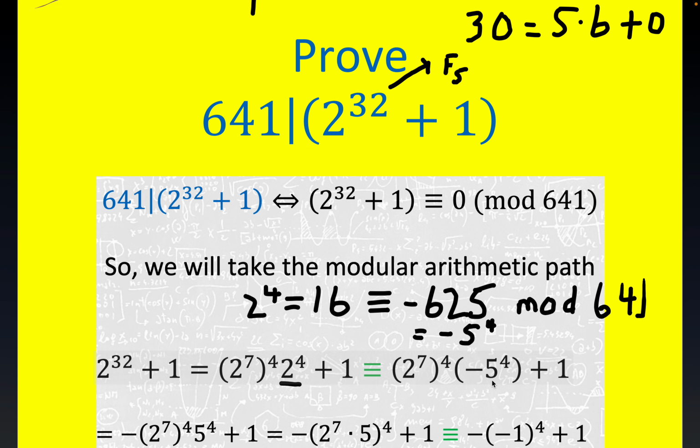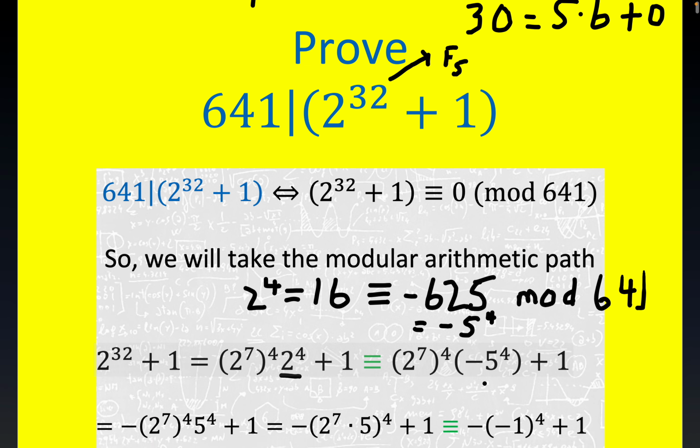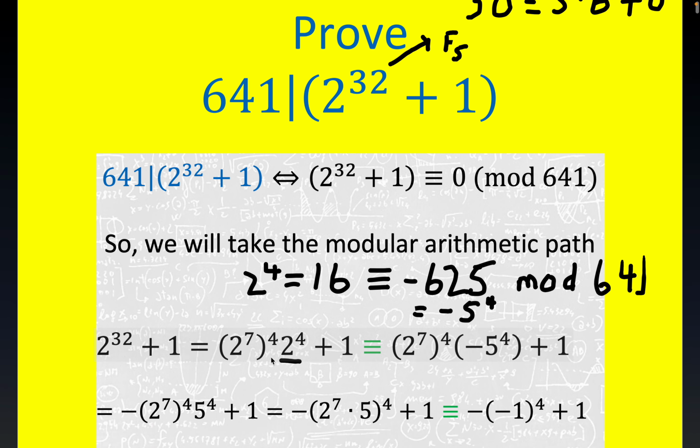It's not. 2 to the 4th is congruent to minus 625, but that turns out to be minus 5 to the 4th. So this minus is not getting turned into a positive because of the even power. Notice how I use equality here, but this is a congruent statement because I replaced 2 to the 4th with what it's congruent to, modulo 641.